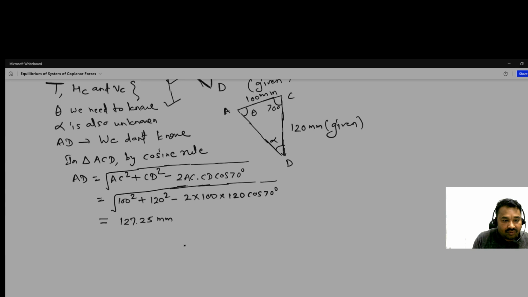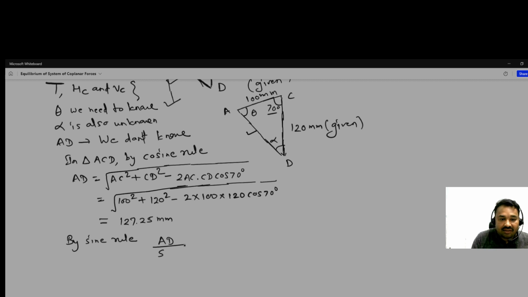So what we have to do? By sine rule. So what is the sine rule? Here AD, the opposite angle is this 70 degree.